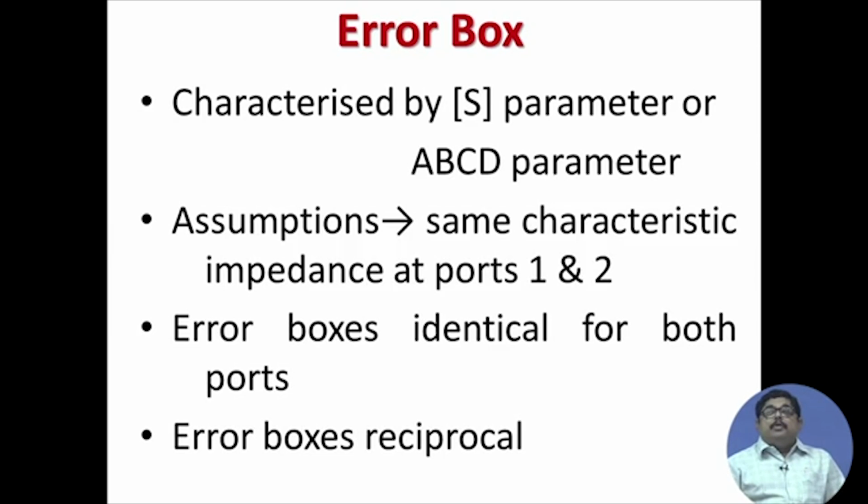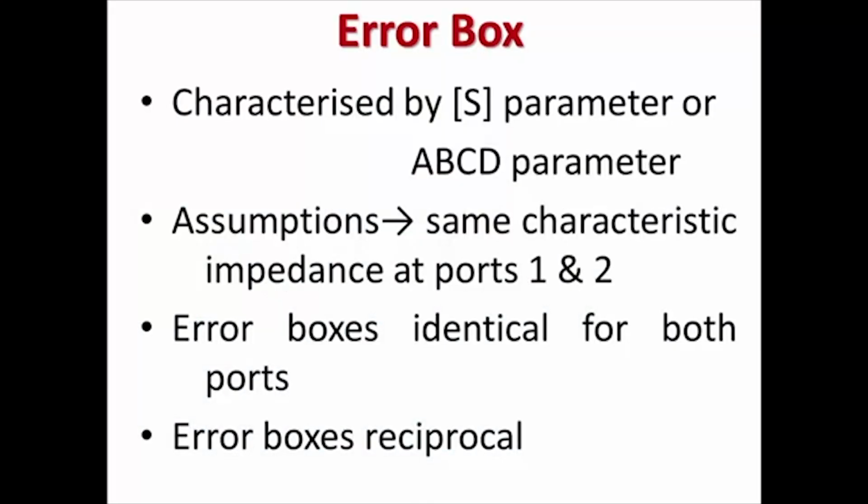Also, we assume error boxes are identical for both ports. That means both ports have identical connections. If not, you need to change some of the formulations. Also, error boxes are reciprocal. That means we are not using anything in those connections and transitions, etc., which is non reciprocal. So, error boxes also are reciprocal.